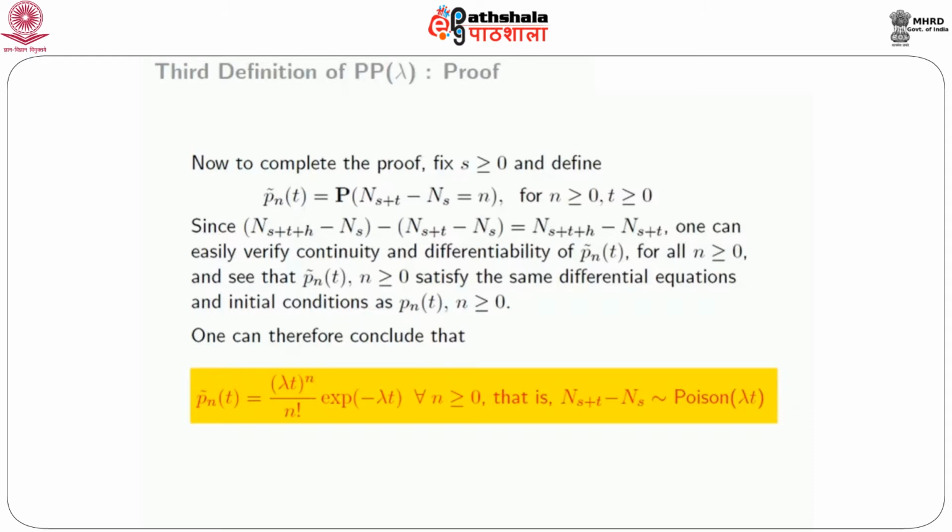And the initial condition, of course, is that P tilde 0(0) is 1. So one can conclude that P tilde n(t) is (lambda t)^n over n factorial times exponential of minus lambda t for all n greater than or equal to 0, which means that N(t+s) minus N(s) is indeed Poisson with parameter lambda t.